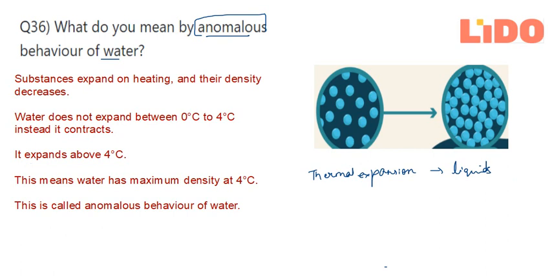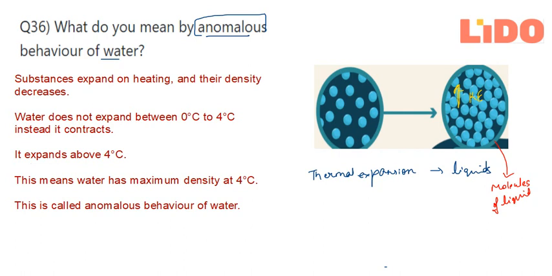Let's say this is how the molecules of a liquid look, a little farther away from each other. Now what happens when we provide heat to the liquid in general? The kinetic energy of the molecules increases. As a result, the intermolecular force of attraction between them will decrease.